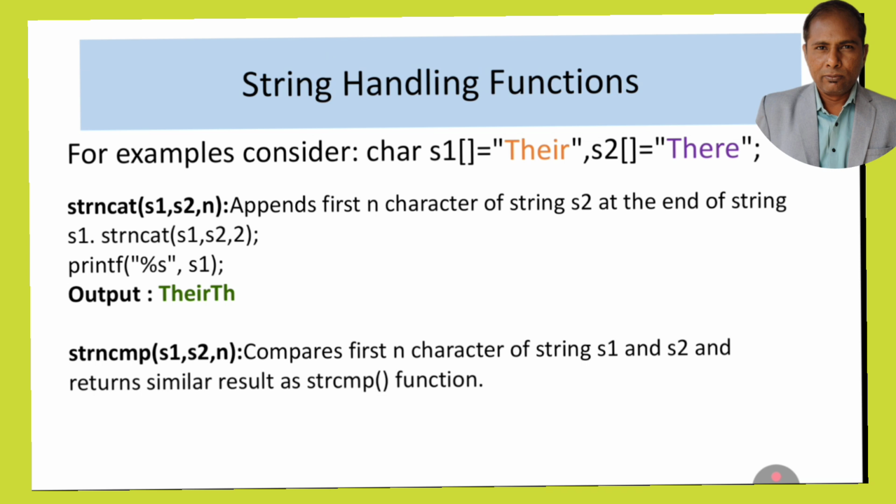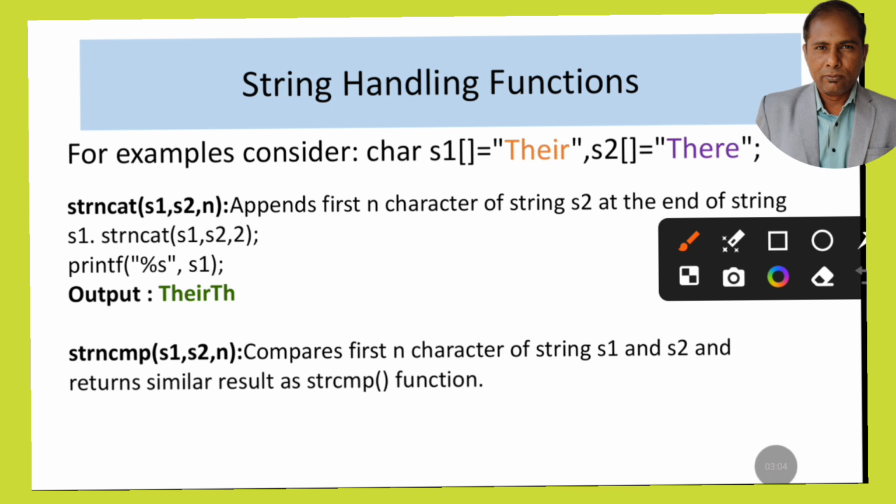We can see some more functions. One more function is strncat. Strncat appends n characters of the string s2. It means we can concatenate or combine n number of characters. Previously we saw strcat, which combines both strings s1 and s2. Now we can combine only some of the letters as we want.